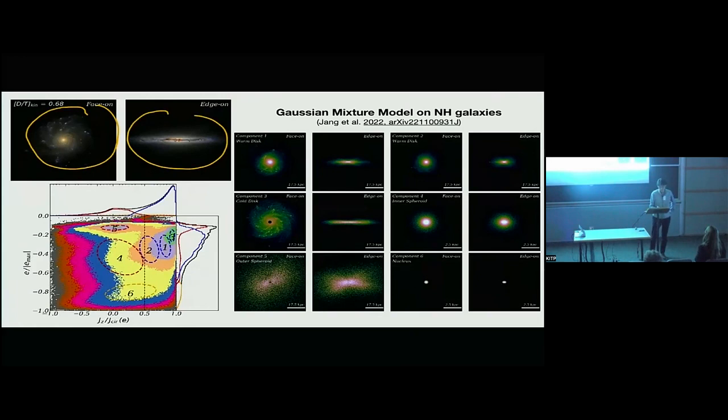We do the kinematic analysis using energy and two components of angular momentum, and then a machine learning technique finds distinct kinematic components. In this case, 6 components, but you can use any arbitrary number of components. In this 6-component try, it detects a thin disk, 2 separate components of thick disk, and 3 other spheroidal components. Okay, so maybe there are distinct components.